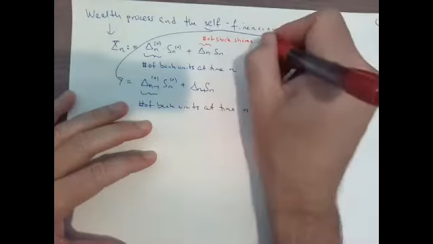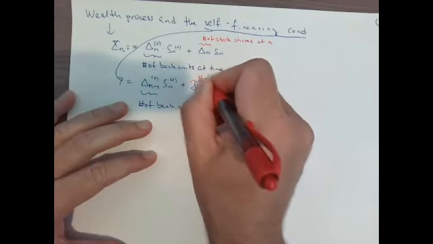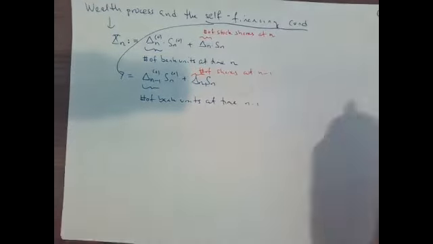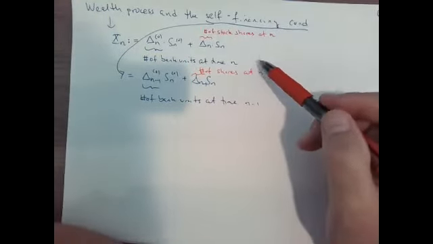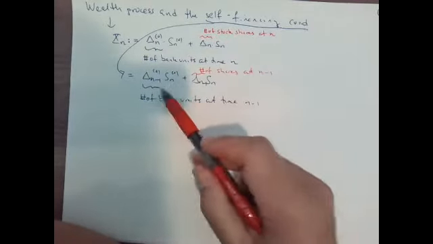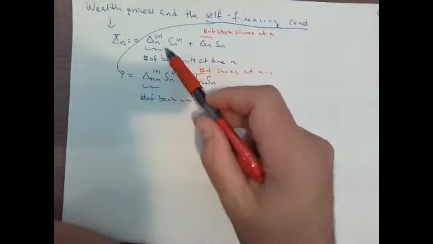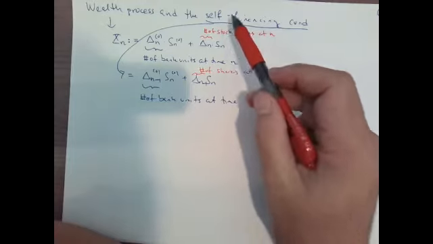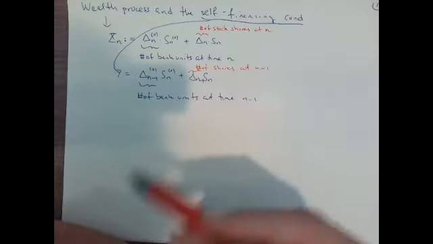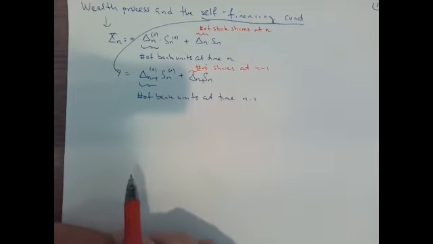This is the number of shares at n. This quantity is the number of shares at n minus 1. We're going to say that it's self-financing if your wealth process value before rebalancing at time n is the same thing as the value after rebalancing at time n. That's where the word self-financing comes from. You're not allowed to consume, you're not allowed to receive income in this model. At least not yet.